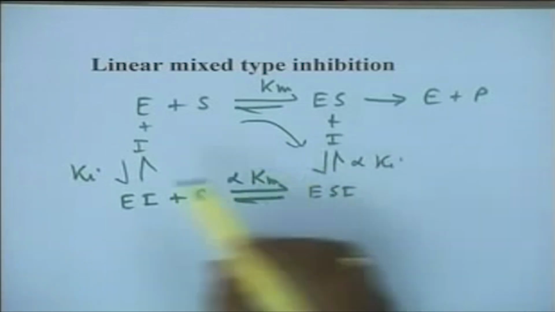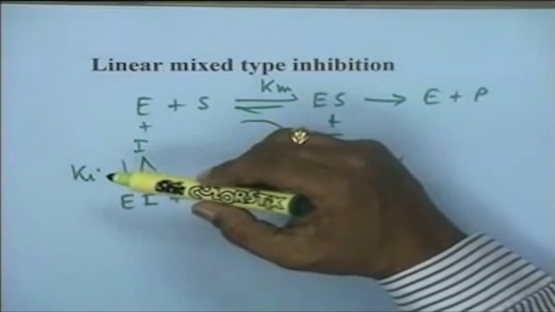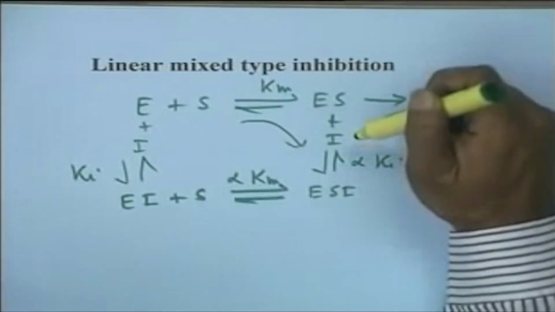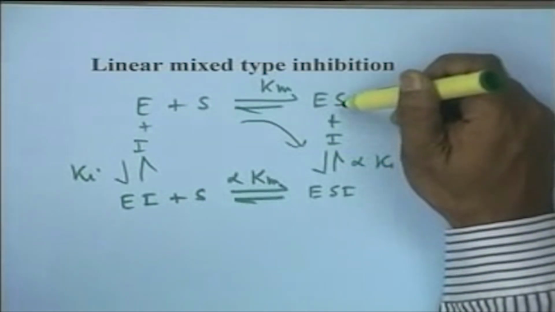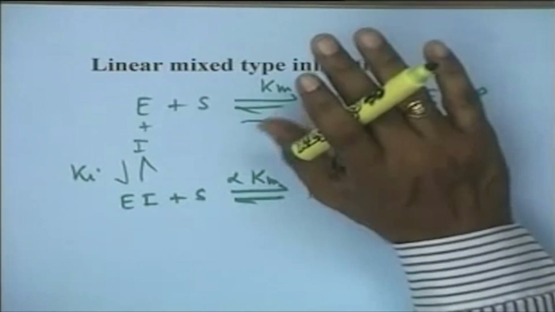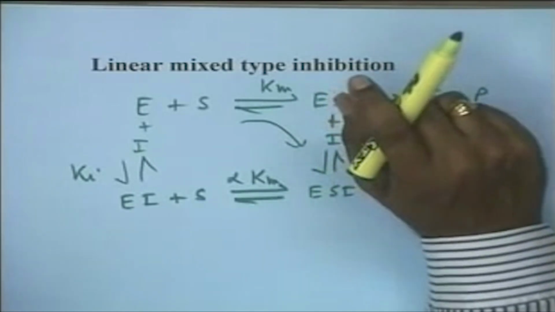Therefore, in most cases it so happens that the inhibition constants for binding of inhibitor to the free enzyme or to the enzyme substrate complex are not identical, as assumed in non-competitive inhibition. The presence of the inhibitor on the enzyme therefore changes Km also by the same factor, alpha Km.